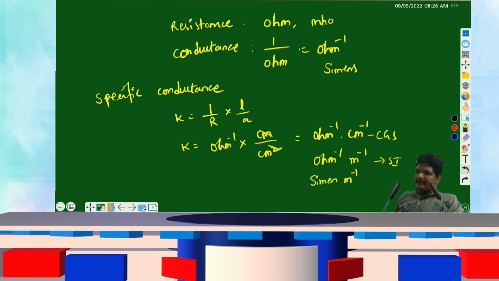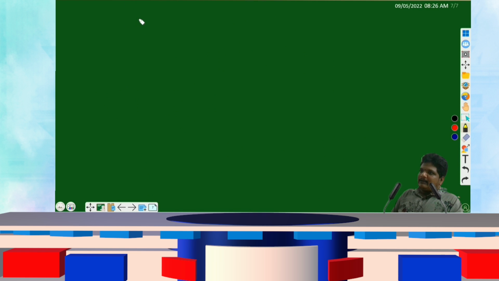Another term is the cell constant. What is this cell constant? It can be denoted with the letter G star, where G star is equal to L by A. It is the ratio of the length of the electrode and the area of cross section.